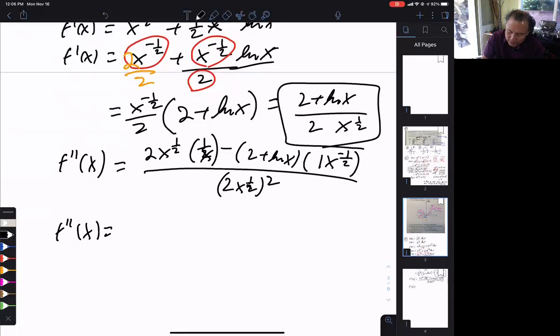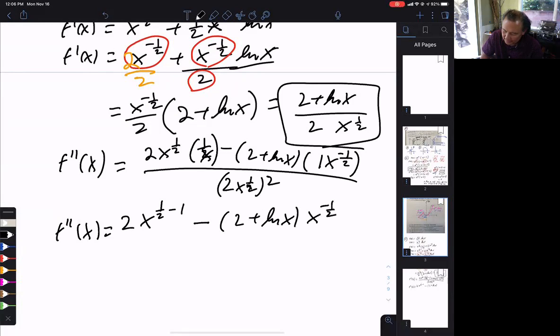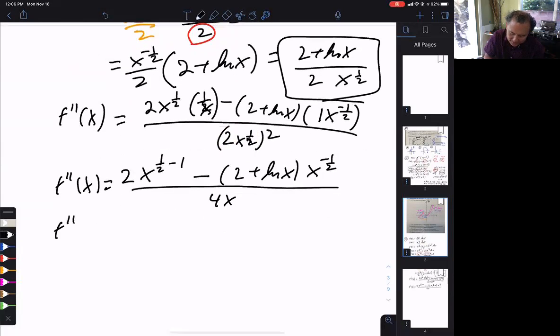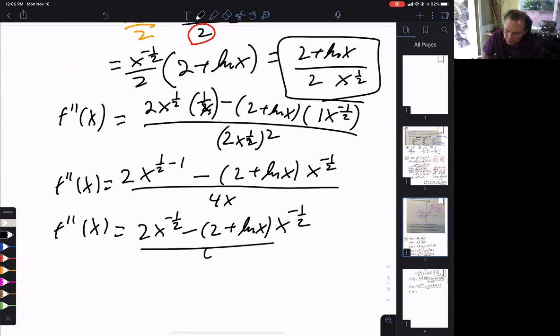So I'm going to do the same process here. I'm dividing, I subtract the exponents. So it's 2x to the 1/2 minus 1, minus, and I'm going to leave all this as is because I see something about to happen that I like. And that'll be 4x. Square that, you get 4. Square that, you just get x. Now, a lot of algebra here. 2x to the negative 1/2 minus 2 plus ln of x, x to the negative 1/2 over 4x.